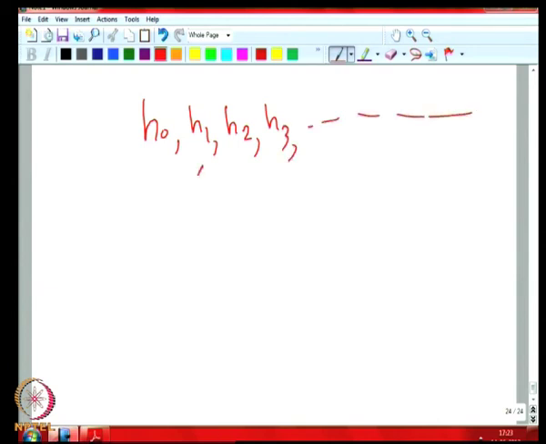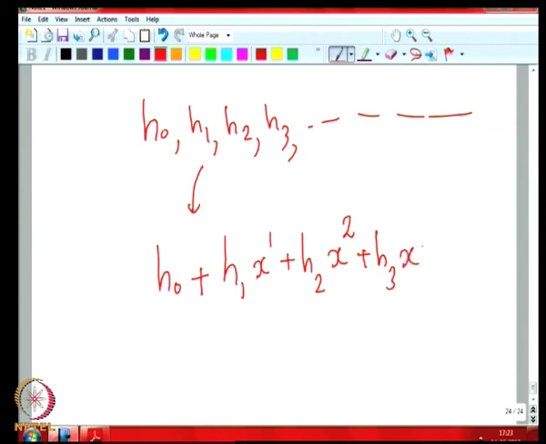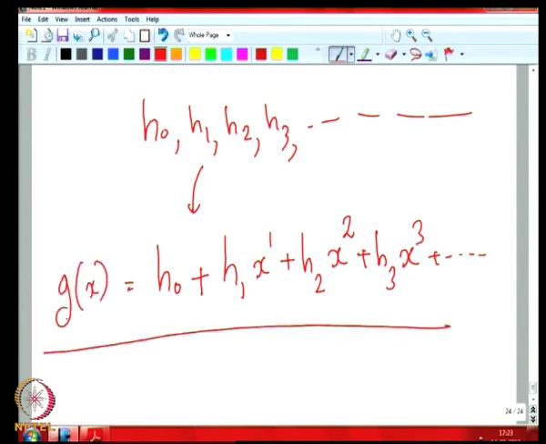Now, the generating function corresponding to this sequence is given by this power series H0 plus H1 into x plus H2 into x raised to 2 plus H3 into x cubed plus so on. This is the power series. So, let us say you write it as g(x). This g(x) is the generating function of this sequence H_n.